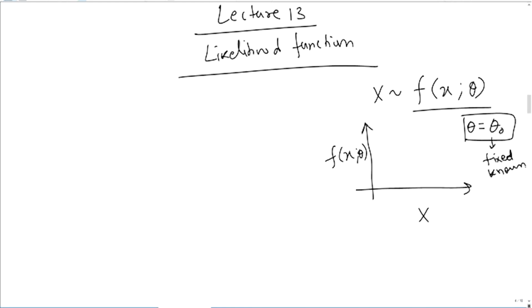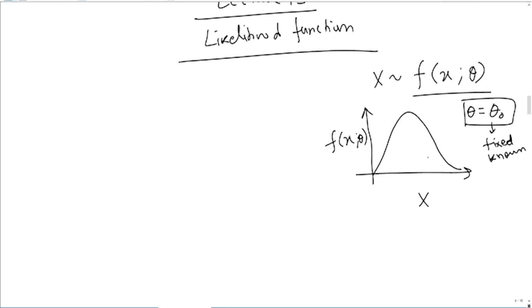So when theta is fixed and known, you can draw a graph between values of the random variable and the probability density function. This can also be called the graph of your assumptions. So you're representing your assumptions about the random variable using this graph under some known value of theta, right?